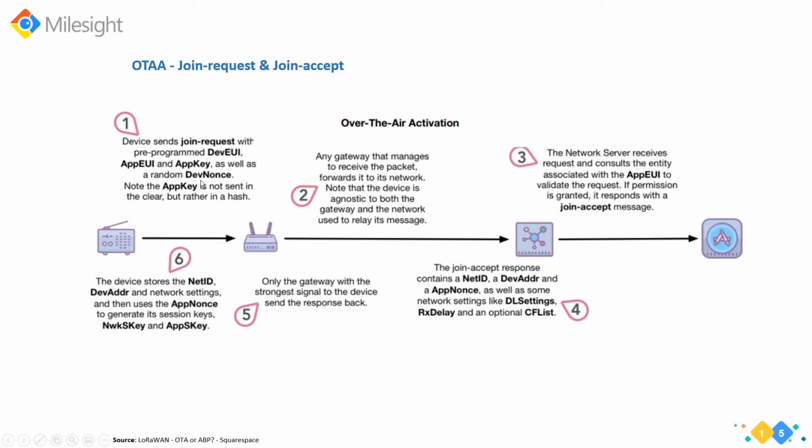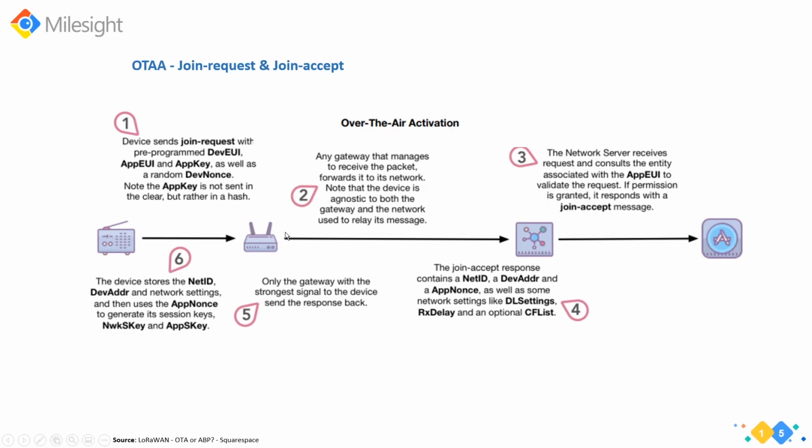In order to join the network, the end device sends a join request. That join request includes the device EUI and app EUI, as well as a random device nonce. It sends the request containing this very important information to the gateway.